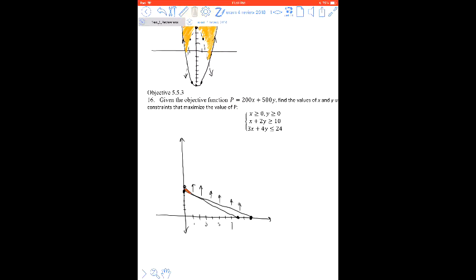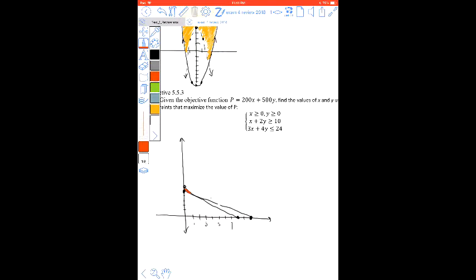So let me erase some things. So I needed to shade above this one, and then below the one I just graphed, which puts, yeah, the shaded area right in there.